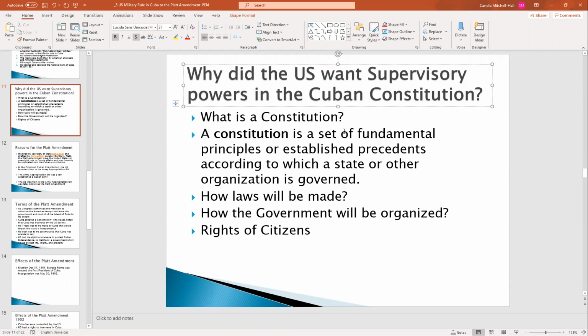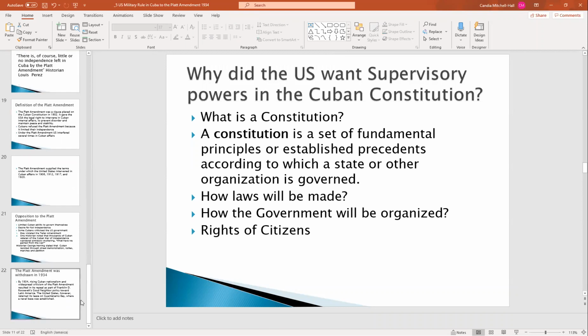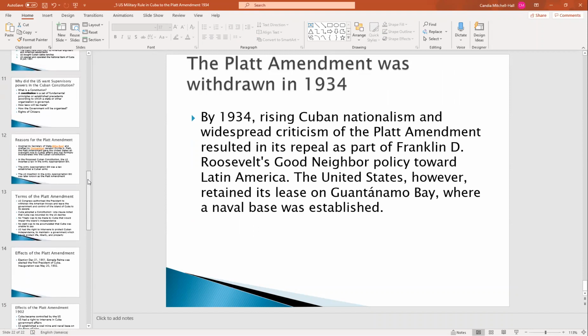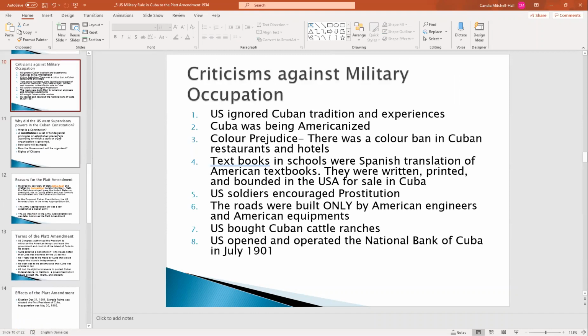The constitution is a body of law. It tells you how law should be made in Cuba or any country, how you make law. The constitution tells you how government should make law, how government should be organized, the different rights that citizens have.